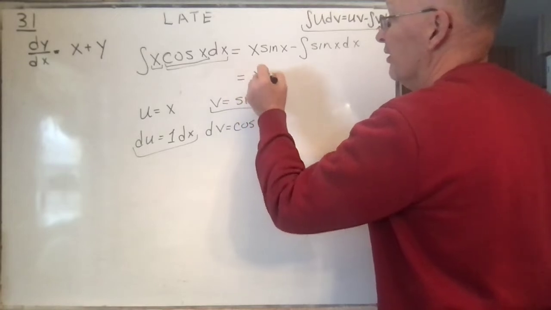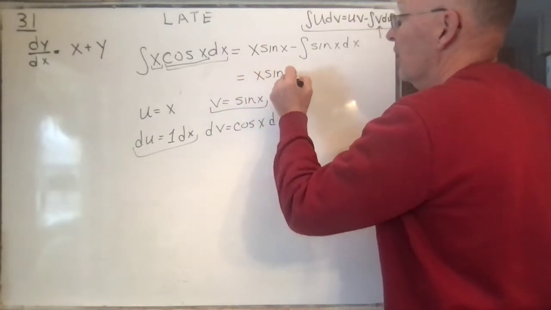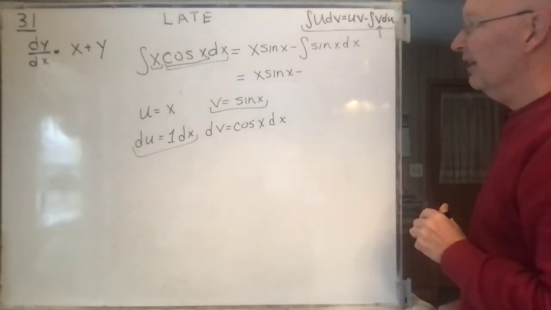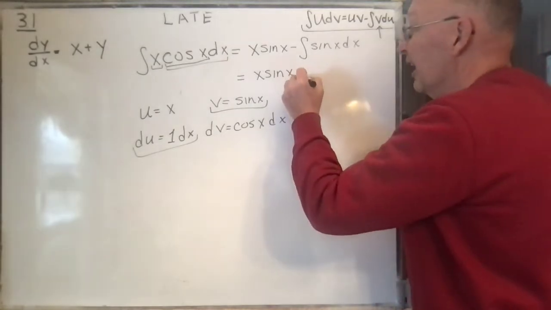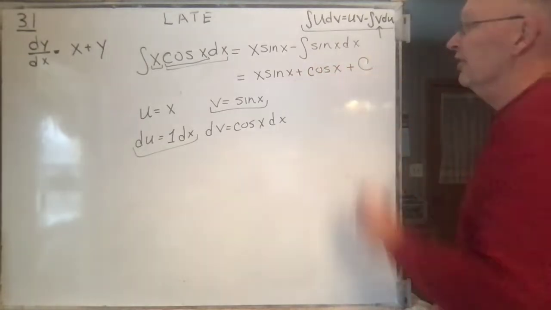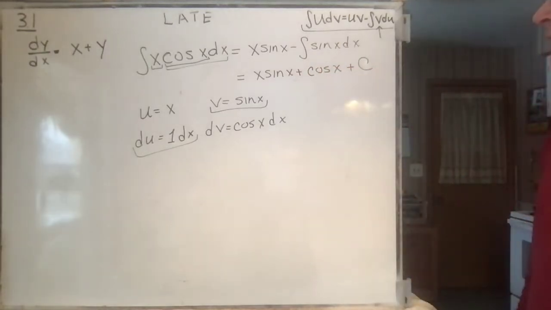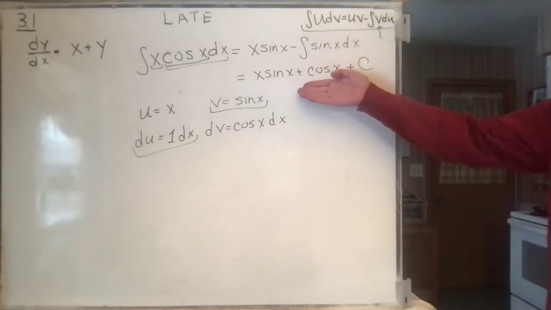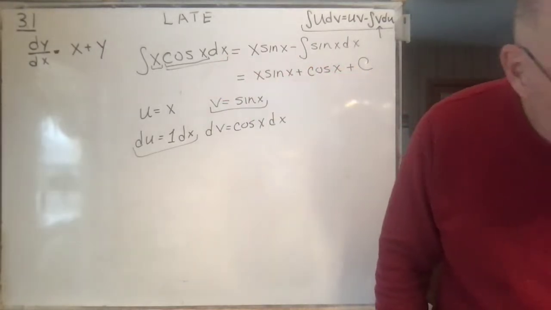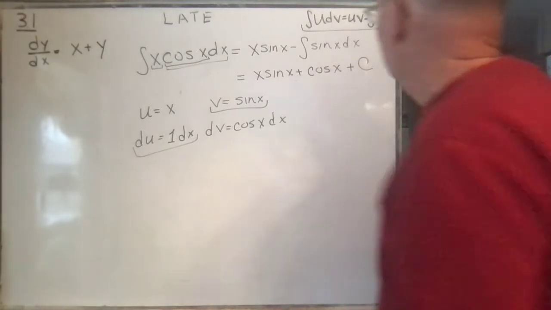This is going to be x sine of x minus, what's the antiderivative of sine? The antiderivative of sine is the negative cosine of x. So there you go. Okay, and again, you can check that out, take the derivative, and you should end up with that one again.